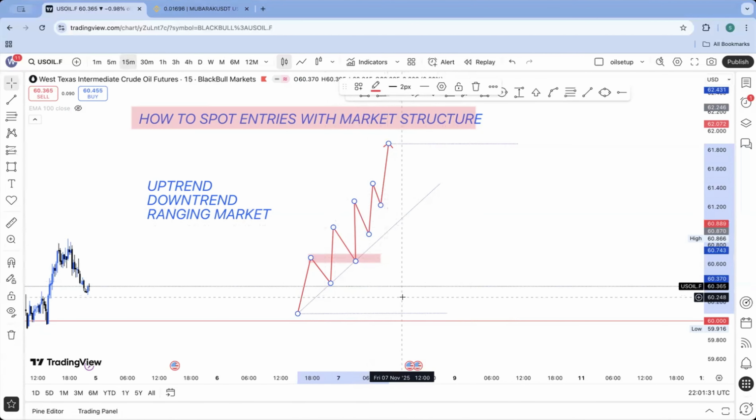So trading the direction of the trend is very, very essential, which I will urge any upcoming trader or any trader to take very, very seriously. You don't just want to jump into the market and then just be buying and selling. You want to know the direction of the trend.